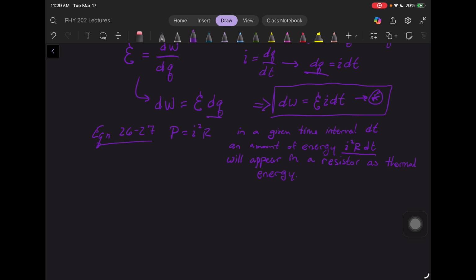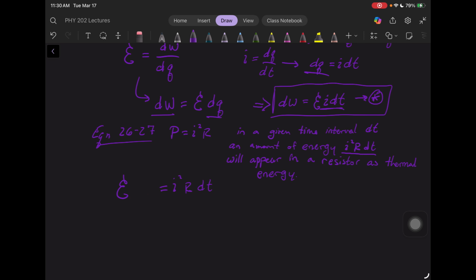And so what we can do is set that equal to dW, right? We're making more of a logical argument here than actually following the math, which is usually a good thing, right? And so we can say EMF times dQ is equal to dW, which is going to be equal to I squared R dt. Okay. And so, meant to use this equation.